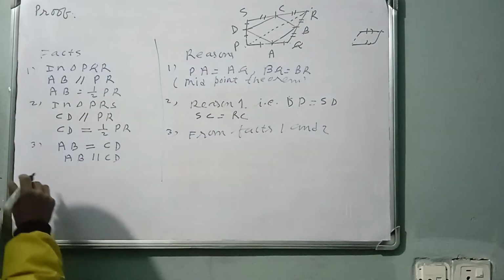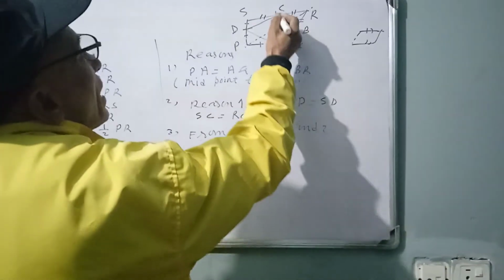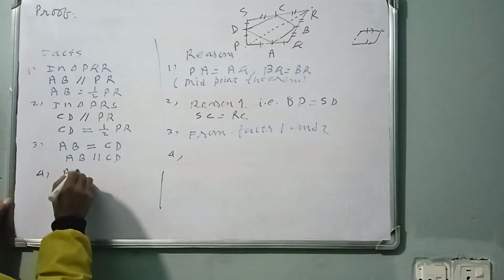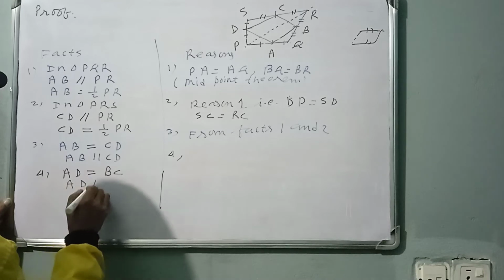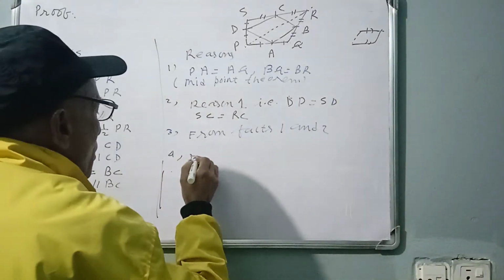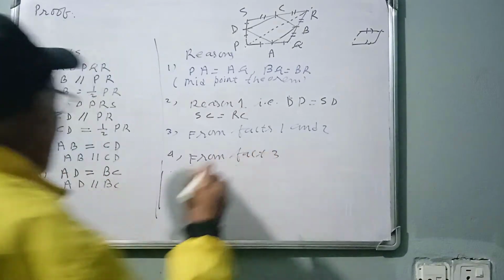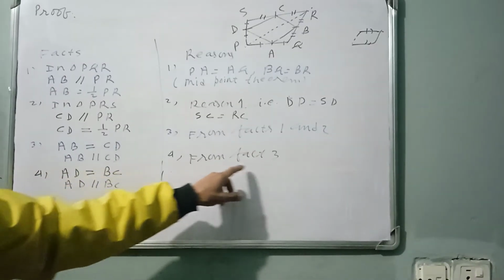So you can write, if AB and CD are equal and parallel, AD equal BC and AD is also parallel to BC. From fact 3. Instead of writing the full statement, I have written from fact 3.